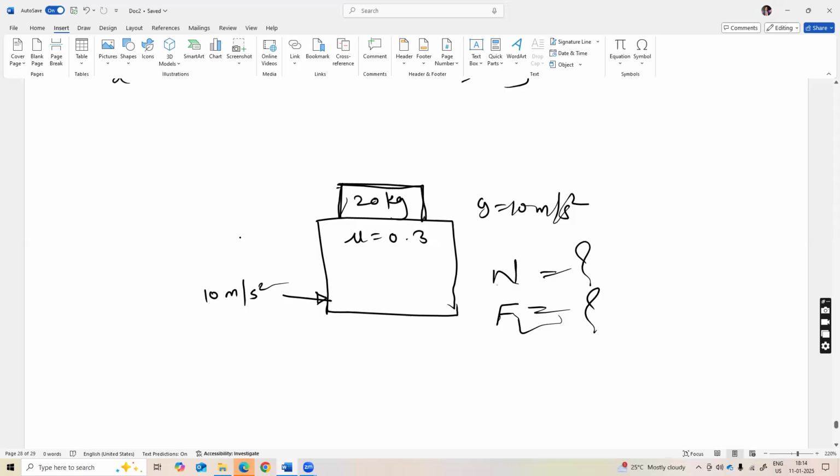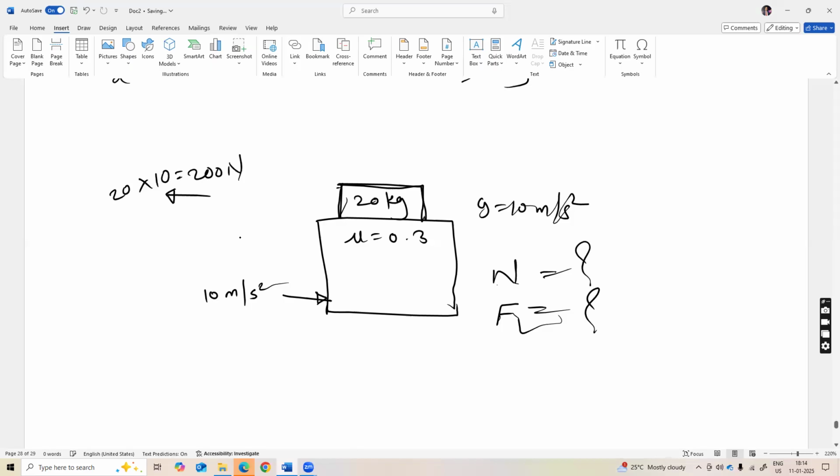Sir, can you show how to solve this one so that I get an idea? Okay. I just asked to calculate the normal reaction and the frictional force. In this case, the pseudo force will act in this direction only. Let's say it is ma, so it is 20 into 10, which is 200 Newton.